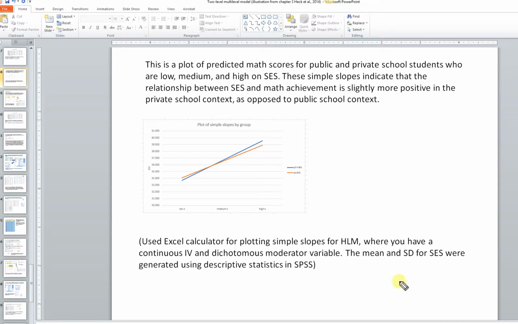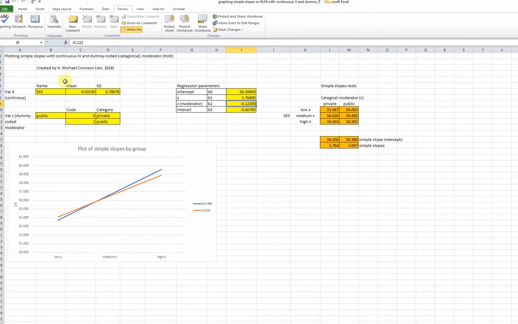So you may be wondering how I plotted this, and basically what I did was I created a calculator recently, which is basically allowing you to plot this out. So in the little yellow boxes, this is information that you will provide, and then the orange boxes will give you predicted values on Y, which is at level 1, the predicted value of math achievement.